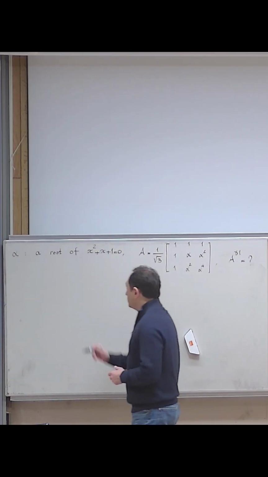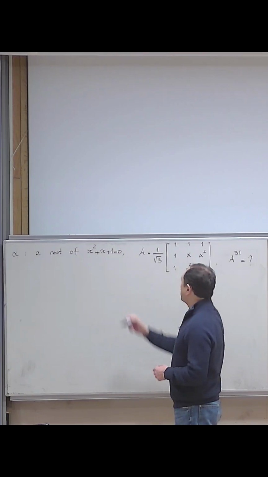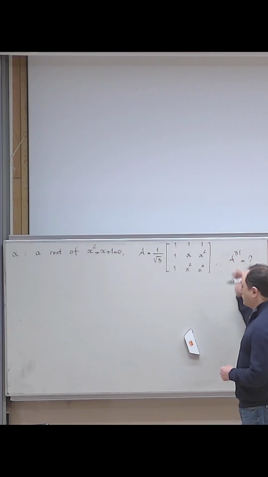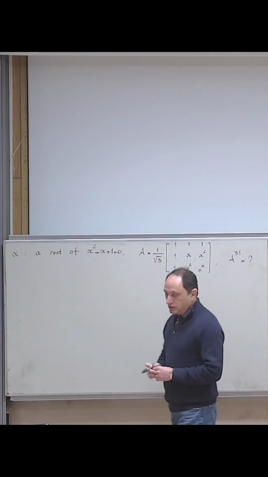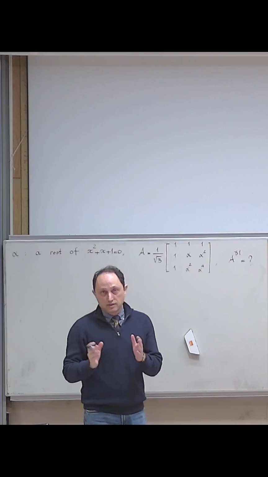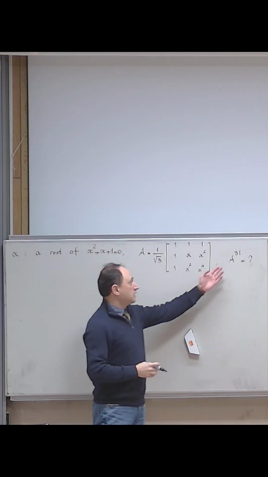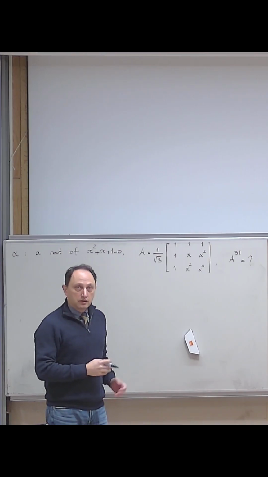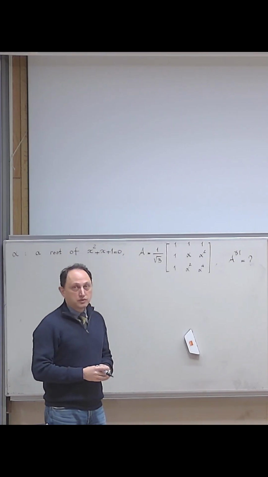Okay, so alpha is a root of this quadratic equation and A is this given matrix. We want to calculate A to the power of 31. Systematically, if you want to calculate high powers of a matrix, you need to diagonalize it using its eigenvalues.